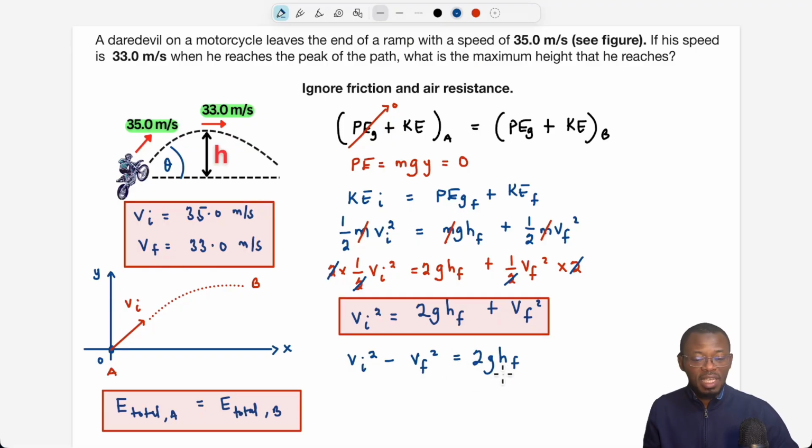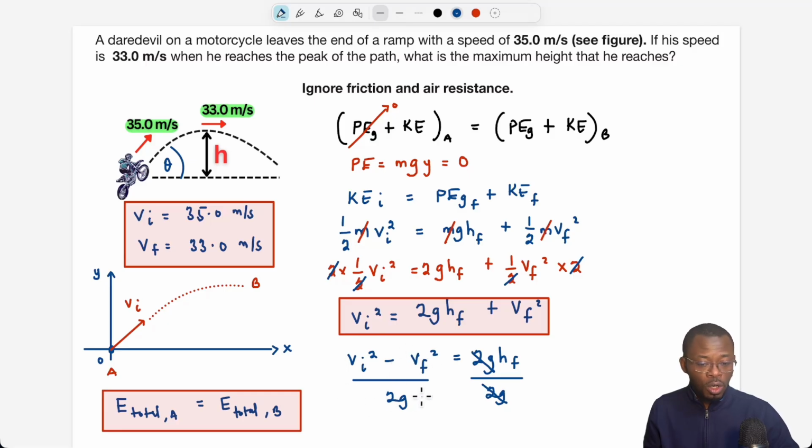So we can find h final by dividing both sides of this equation by 2g. We can see 2g cancels out to 1 on the right hand side, multiplying the final height, hf, and then on the other side we have vi squared minus vf squared divided by 2g.